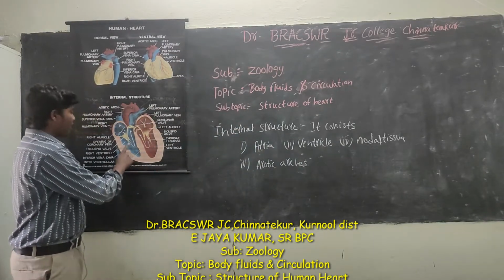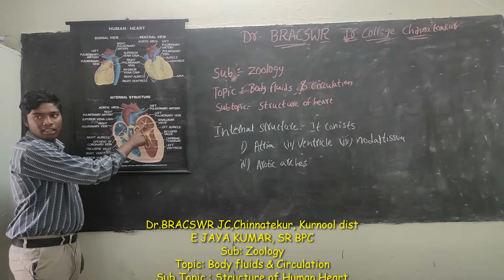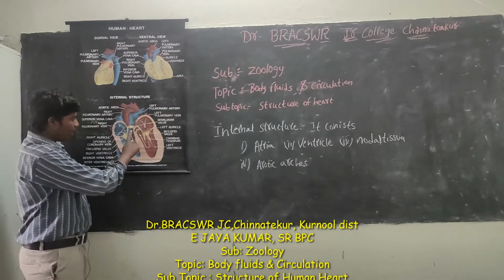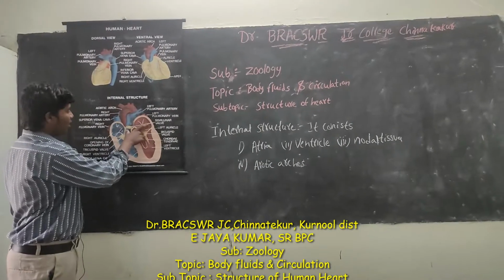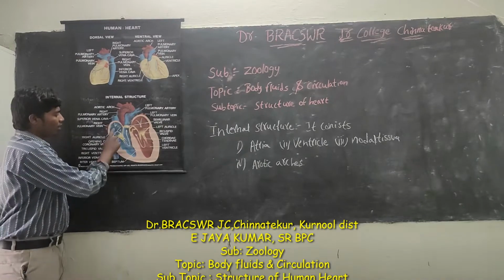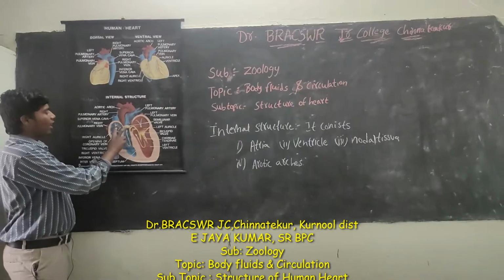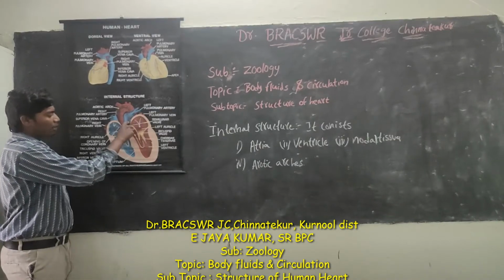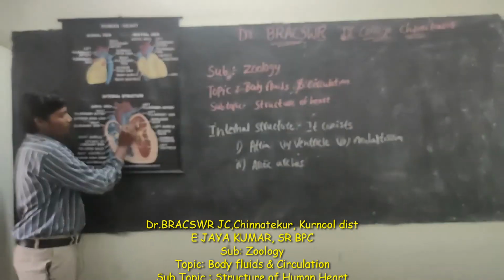Atria are the right atrium and left atrium, the blood receiving chambers. These two are separated by the interatrial septum, and they have the foramen ovale.